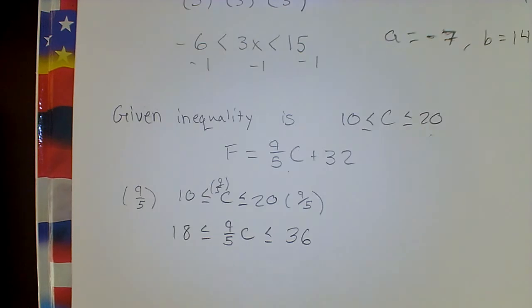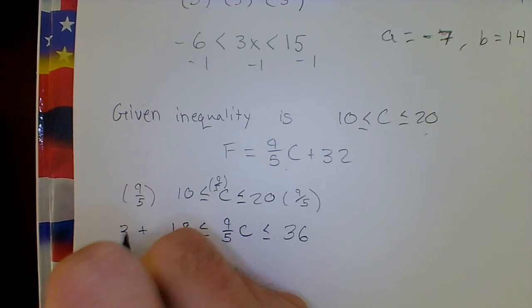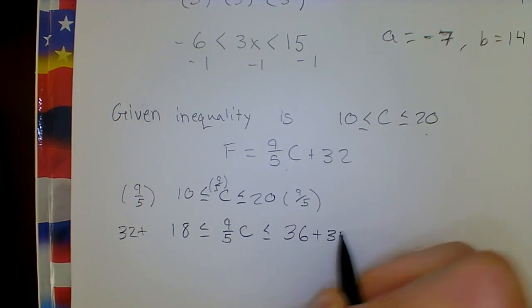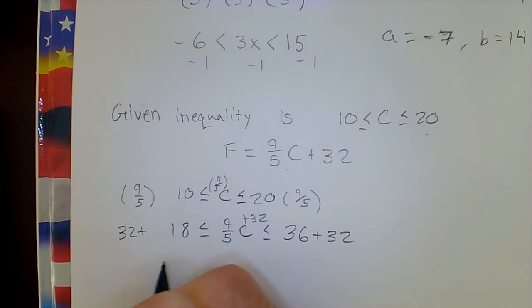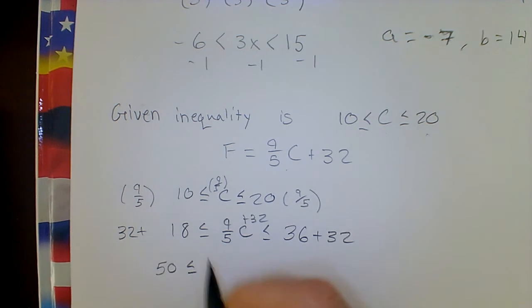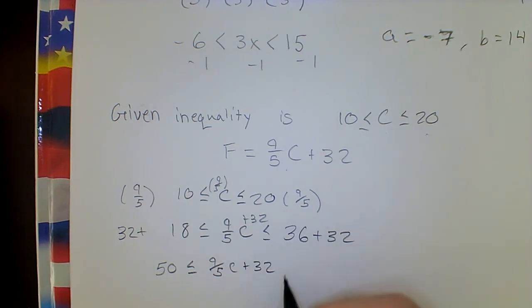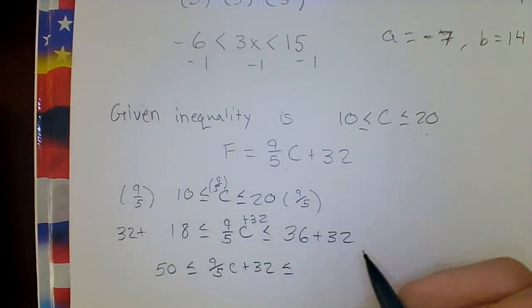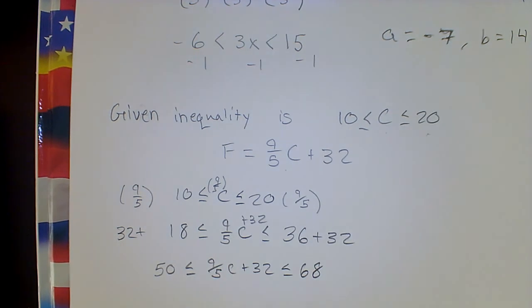Okay, so now we've got a 9/5 C here, but we want a 9/5 C plus 32. So we're going to add 32 to all three sides. So 32 plus 18, that's 50. And this is 9 over 5 Celsius plus 32, which is less than or equal to 36 plus 32, which is going to be 68.